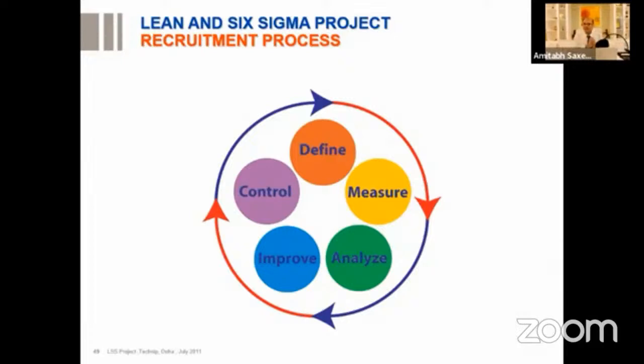Oh, recruitment cycle time is high. Increase the staff. What does it mean? Your assumption is that lack of staff is the root cause of your recruitment time. No, not necessarily. Even if I have 100 staff members, maybe I'm not getting the right CVs. That is the root cause. So don't make any assumption.